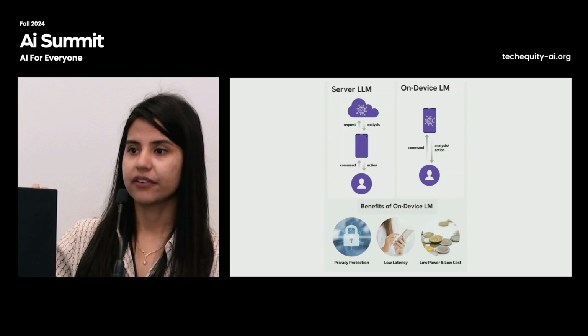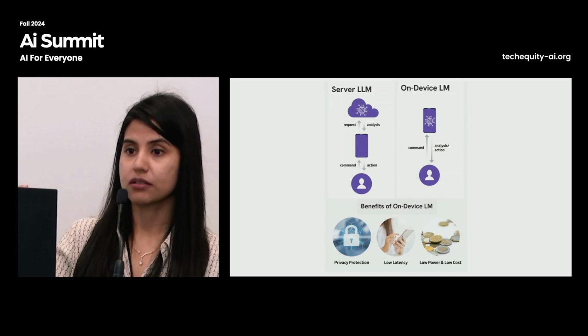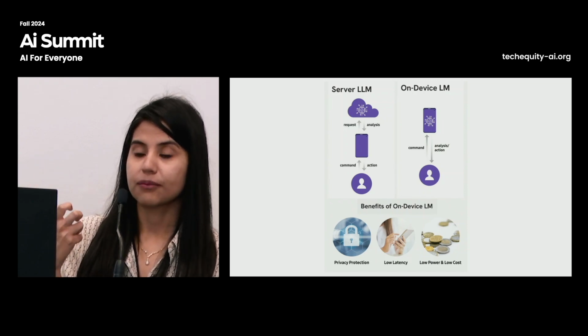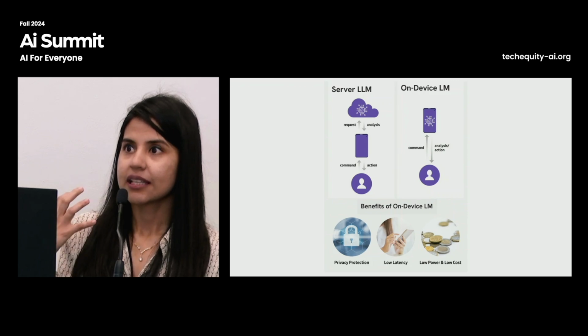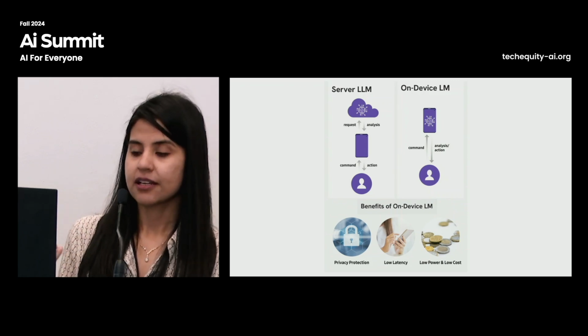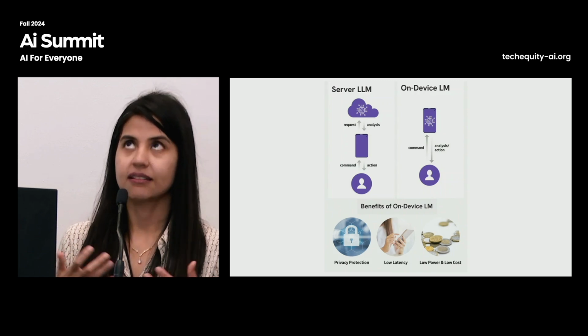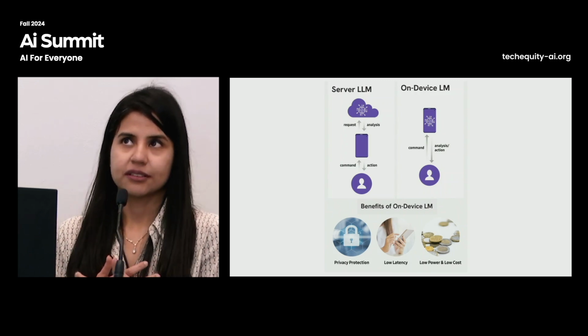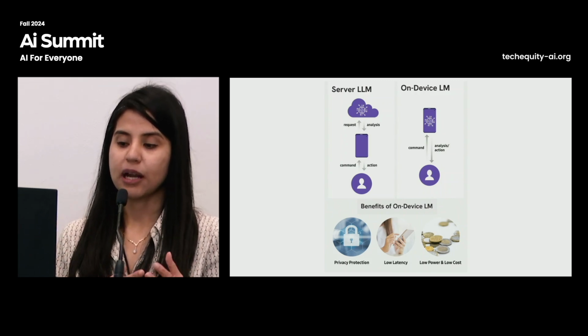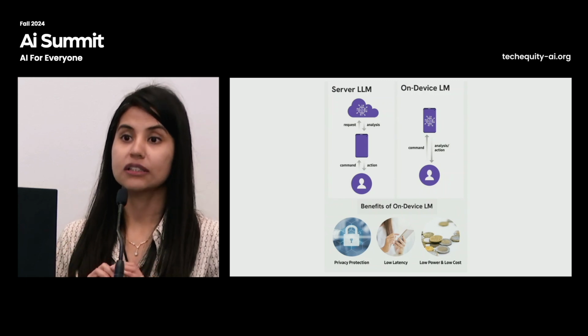But imagine a world where we can host these models on your device, on your phone, for example. That would bring a lot of benefits. First of all, privacy. A lot of discussion has come up around privacy protection on these models.